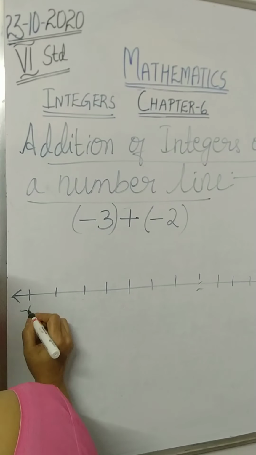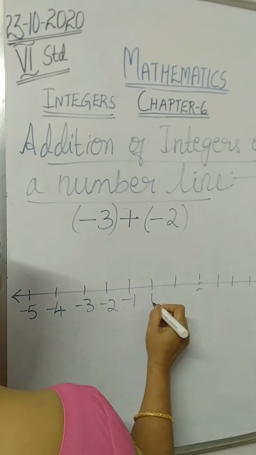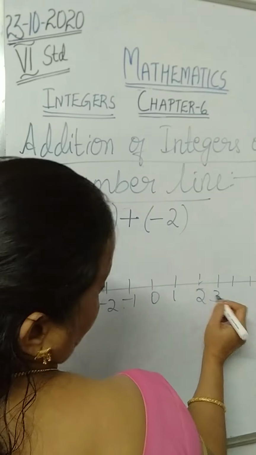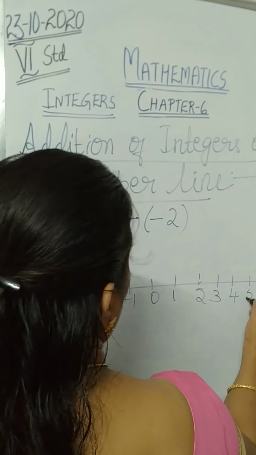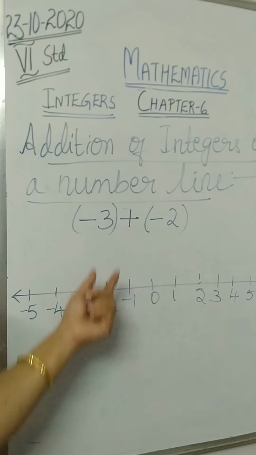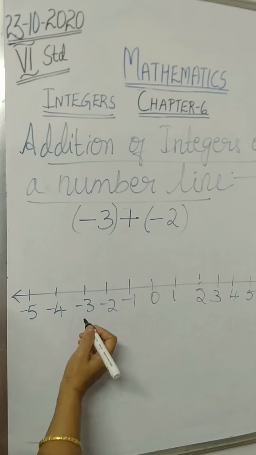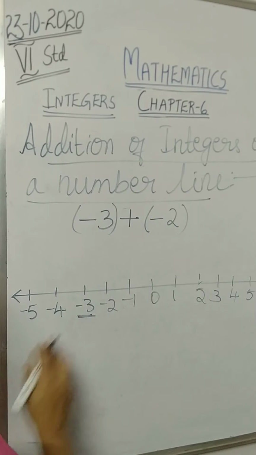Okay. Let me write the numbers here. 4, 5 and 6. Okay. So here first the number is minus 3. So let us see the number here. It is minus 3 here.